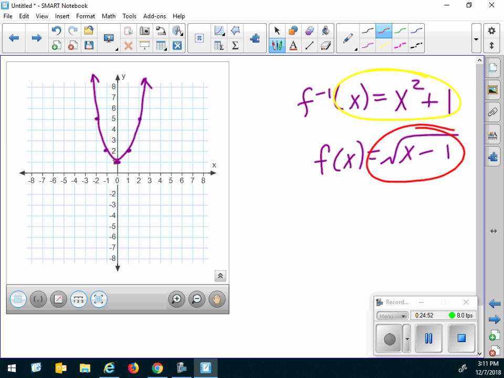I move it right 1. Yep. We scooted it up 1 unit right here.